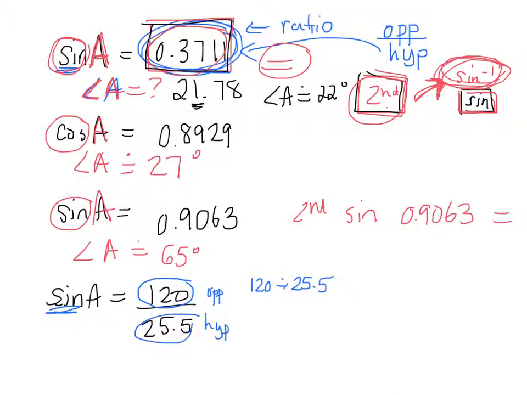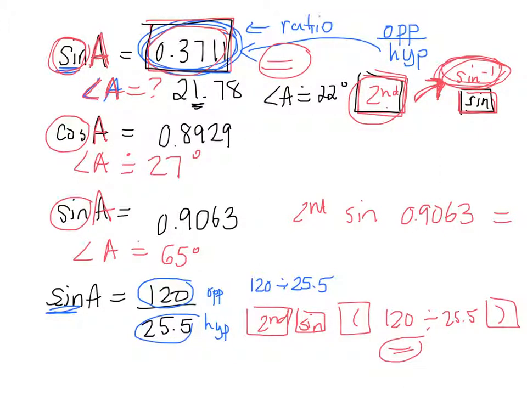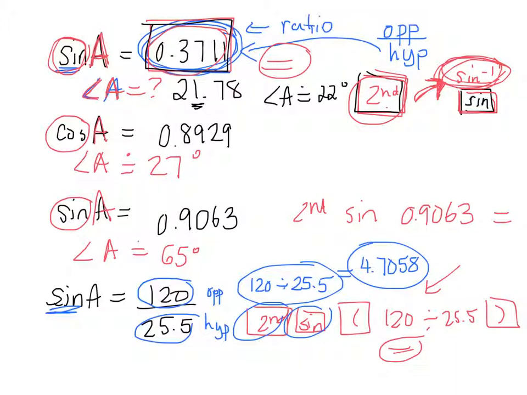You could either punch in second sine, open bracket, 120 divided by 25.5, close bracket, equals, if you want to do this all in one step. Or if you're turning it into a decimal, round it to 4 decimal places. So what is this, rounded to 4 decimal places? 4.7058. Okay, so if you use that and you hit second sine, what is it?